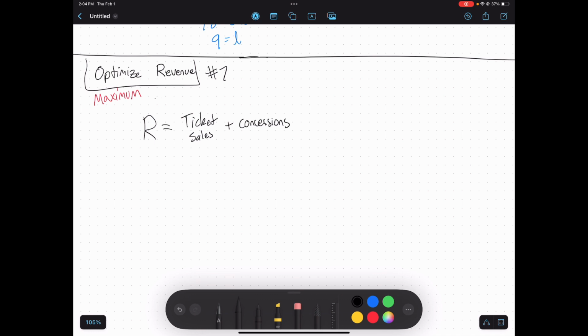This doesn't look like an equation because I'm just using words right now. So we need to actually get numbers into here. So let's think about, and you can use the problem to help you figure this out, how do I actually calculate your revenue from ticket sales? How do I calculate this first section?